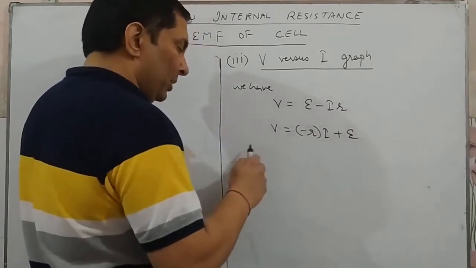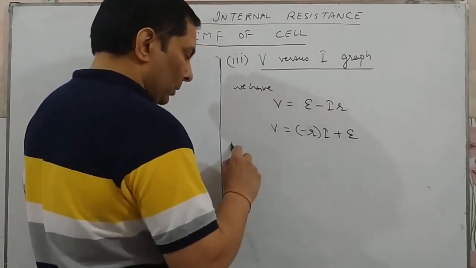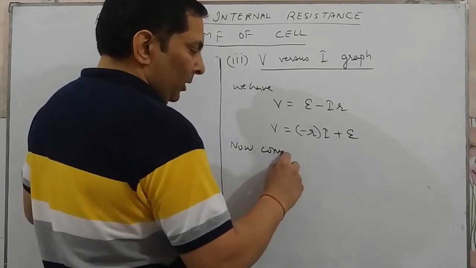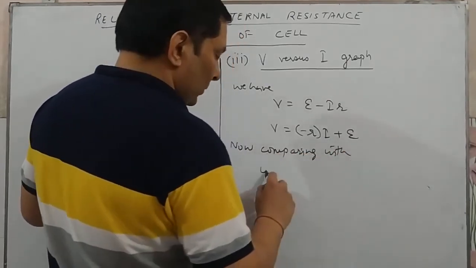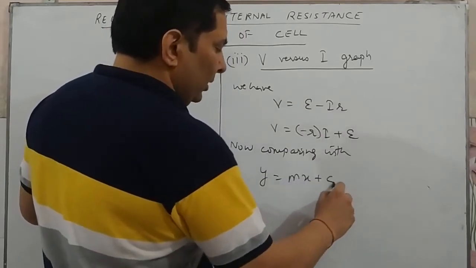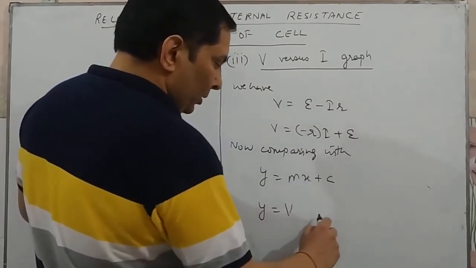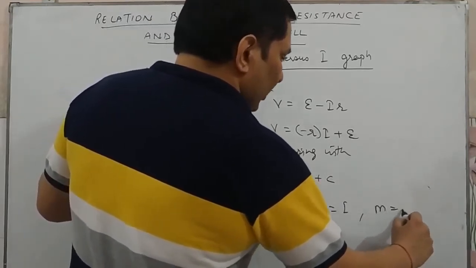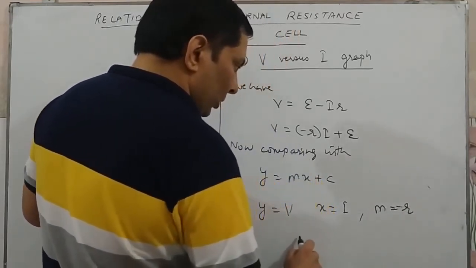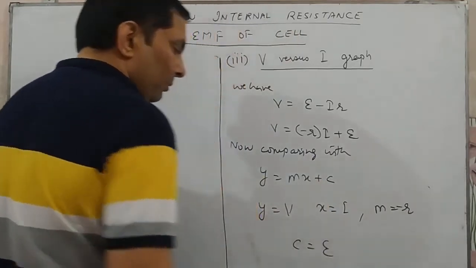Now this can be compared with y equals mx plus c. We have y equals V, x equals I, m equals minus r, and c equals EMF.